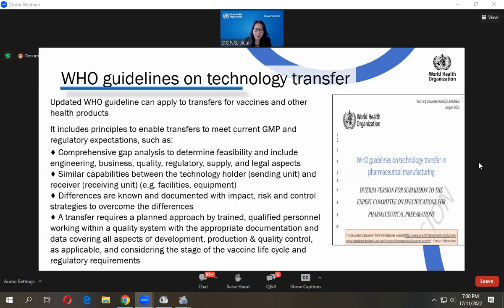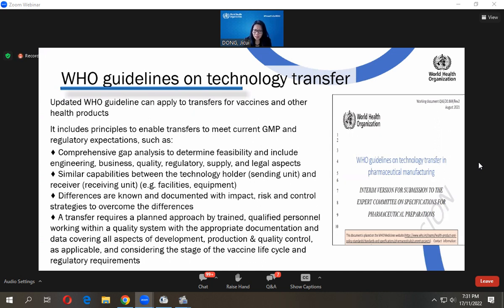you need to do a comprehensive gap analysis to determine feasibility. This includes analysis of engineering, business, quality, regulatory, supply, and legal aspects. You need to understand the similar capacities between the technology holder, or we say the sending unit, and the receiving unit.